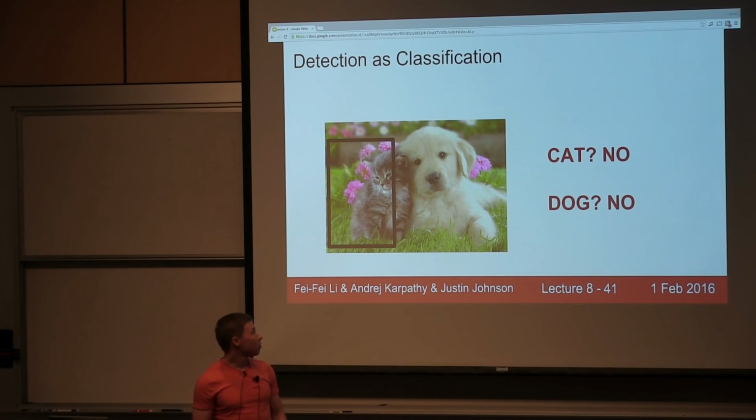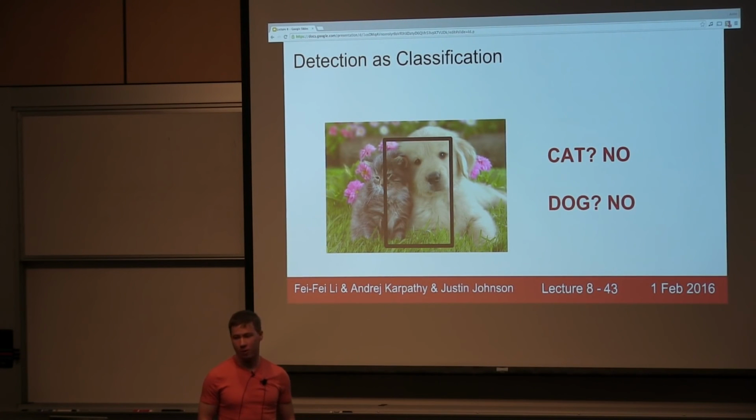So we're going to take many of these input regions of the image, put a classifier there, and say, this region of the image, is it a cat? No. Is it a dog? No. Move it over a little bit. Oh, we found a cat. That's great. Move it over a little bit. That's not anything. So we can try out a whole bunch of different image regions, run a classifier in each one, and this will basically solve our variable-sized output problem.